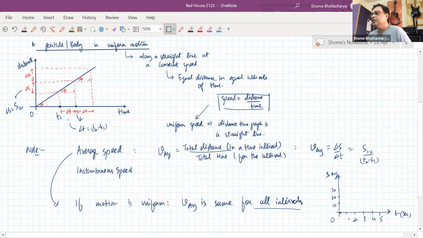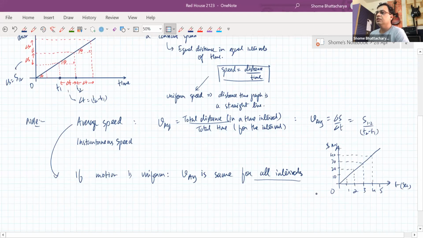Now we can see that whether we take the interval of 0 to 2 seconds, or the interval of 2 to 3 seconds, or the interval of 1 to 4 seconds, whatever we like, the ratio of distance traveled divided by the time interval will be the same for all intervals.